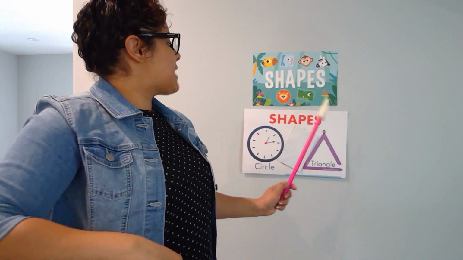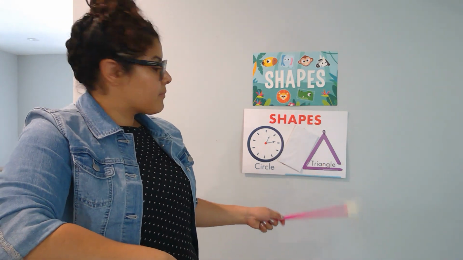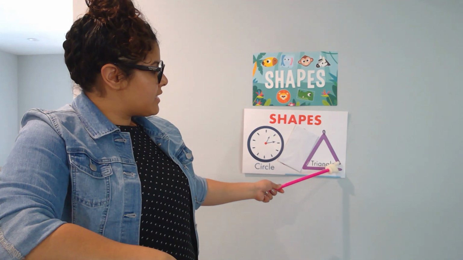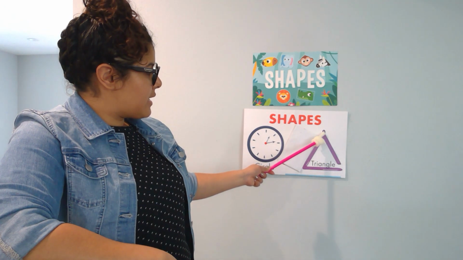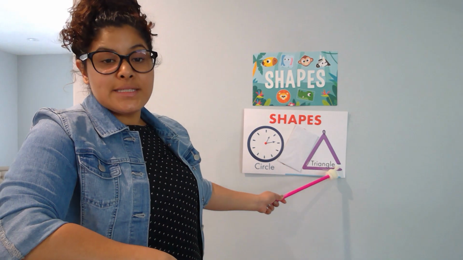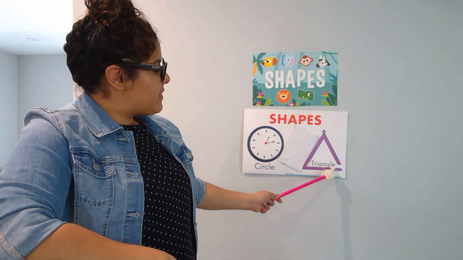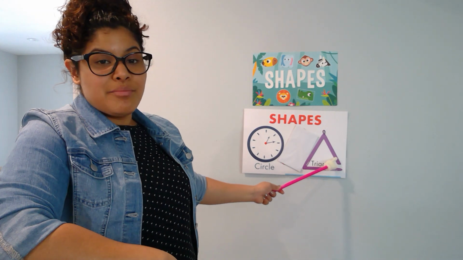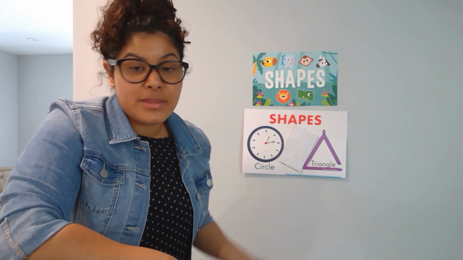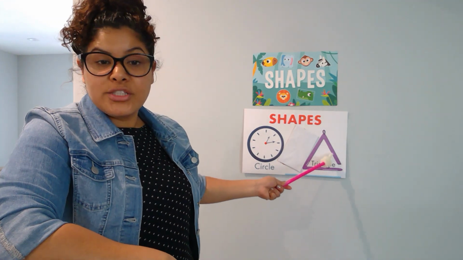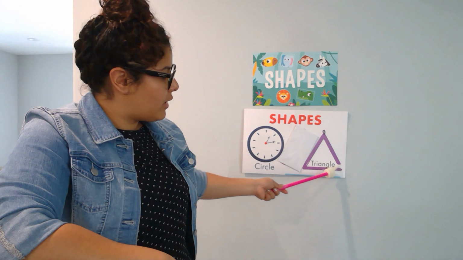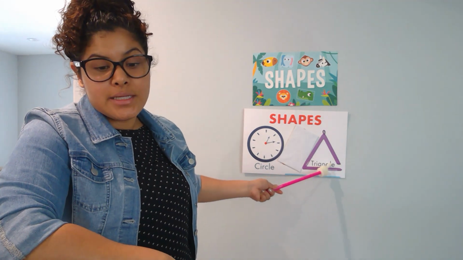Here I have a type of triangle. This triangle here starts here, has 1 side, 2 sides, 3 sides. But this side does not meet this side. So this triangle would be an open triangle. It has an open space here.